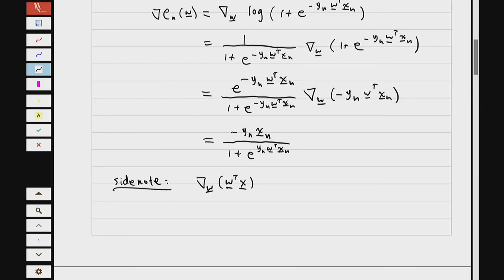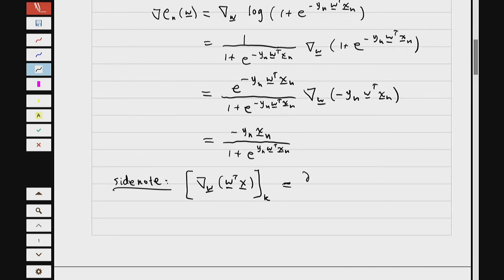Now, a gradient, remember, is a vector of the partial derivatives, right? So therefore, to find out what this is, we just need to find out each element. Let's say the kth element. The common notation for that is this, a bracket like that, and then k. So this is the kth element of the vector, okay? By definition, this kth element of the vector is simply the partial derivative with respect to wk, right?